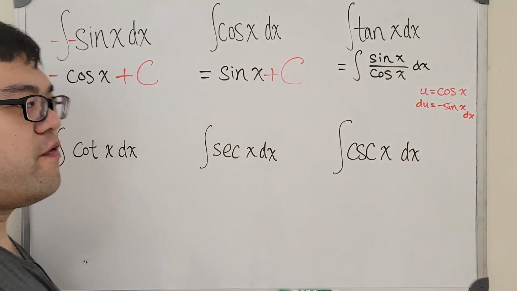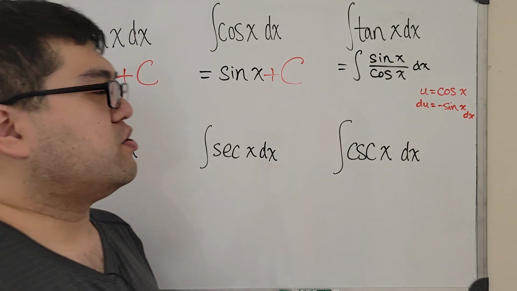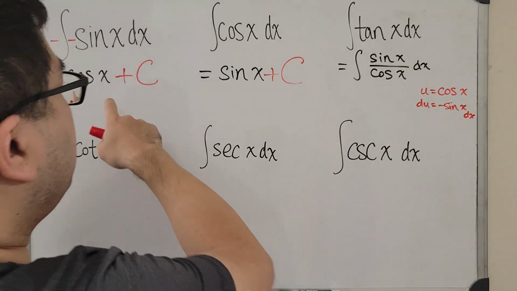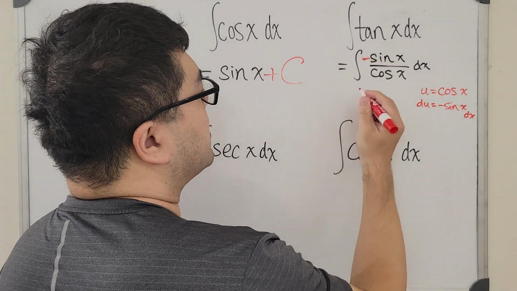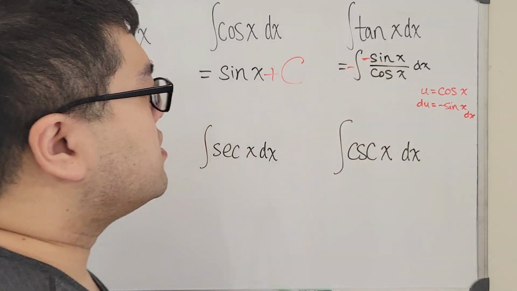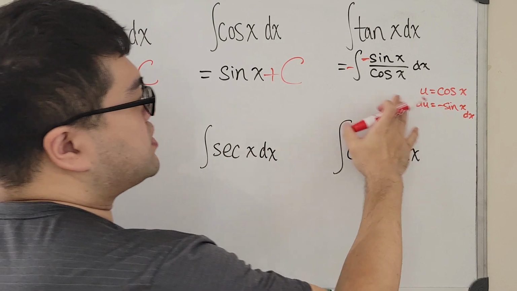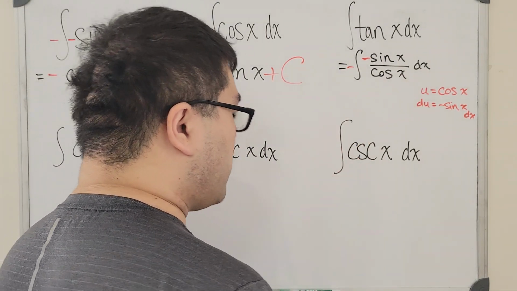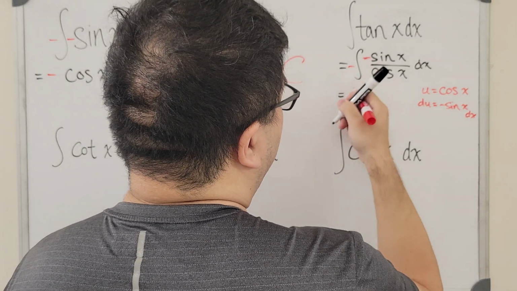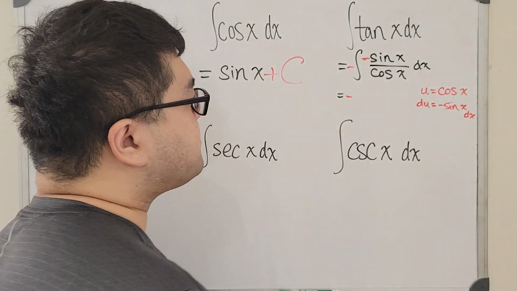But we only have positive sine of x on the numerator. What should we do? Again, we can just do the same thing as what we do in the first integral. We will put a negative sign here and negative sign here, so that if we now do a u sub, we will just have 1 over u. And if we take the integral of 1 over u, it will just give us ln of u.